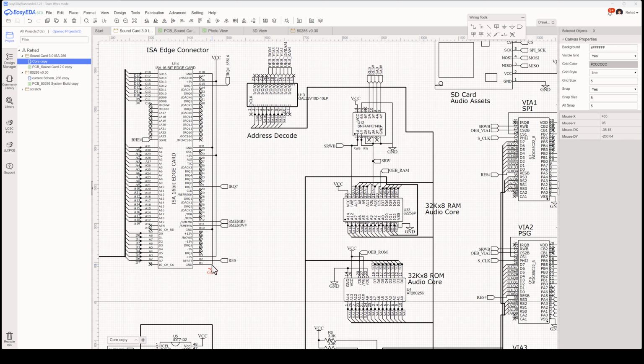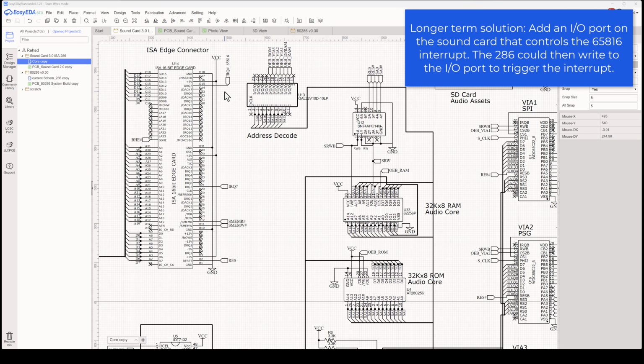And at some point in the future, when I do implement DMA support, so I add a DMA controller to my 286, I'll have to change this because I believe these are all DMA related signals. So I'll have to then come in here and remove this signal from that pin and route that signal a different way. And it could just be a little jumper wire that goes from my motherboard to the sound card that gives me that interrupt support, or maybe there's a different pin I would use.